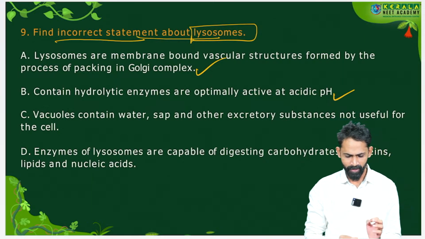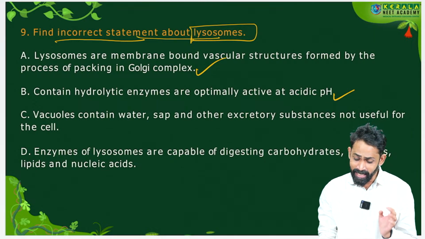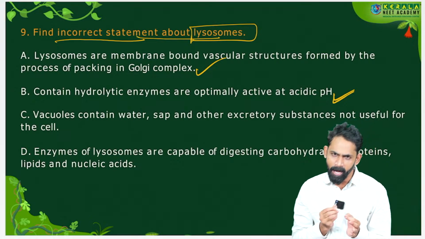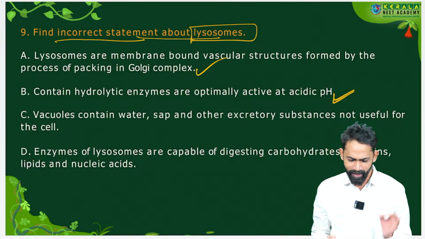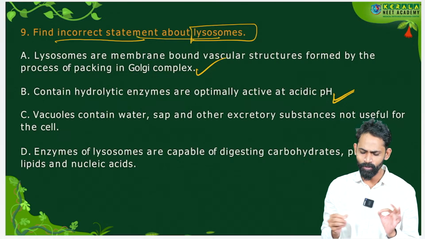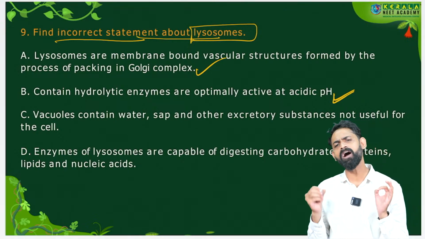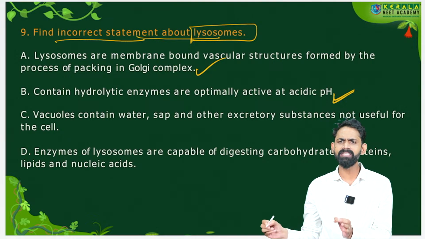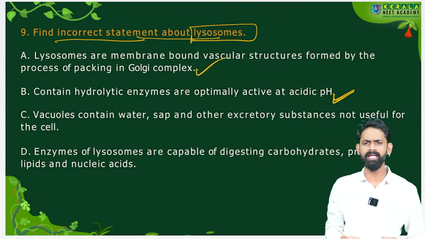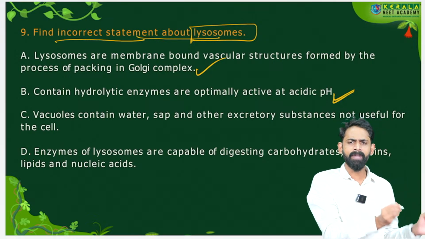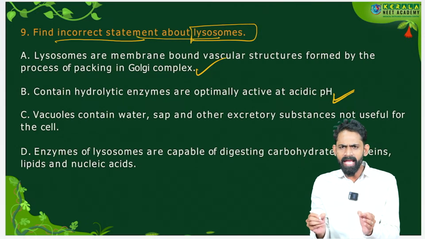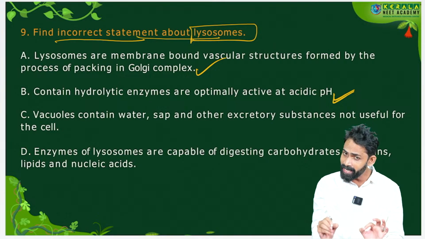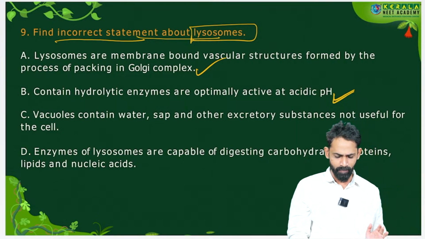Nice one. Next one is also correct with respect to the lysosome. Option D, one time you can check. Enzymes of lysosomes are capable of digesting carbohydrates, proteases cause the breakdown of proteins, lipases cause the breakdown of lipids, nucleases cause the breakdown of nucleic acids. So this is also correct with respect to the lysosome.